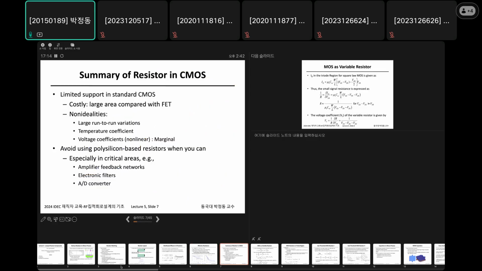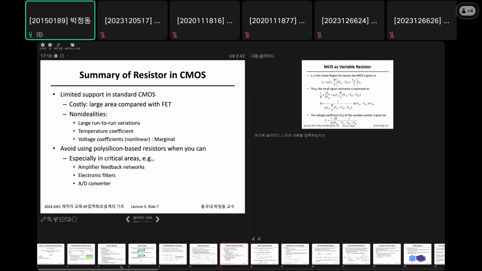Fortunately, in current DRC rules, the designer is prohibited from making such a silly layout. It gives a warning, so you don't have a chance to use such a wide resistor in the real world.